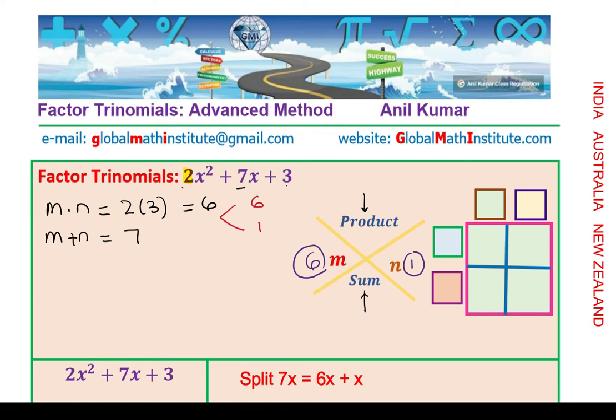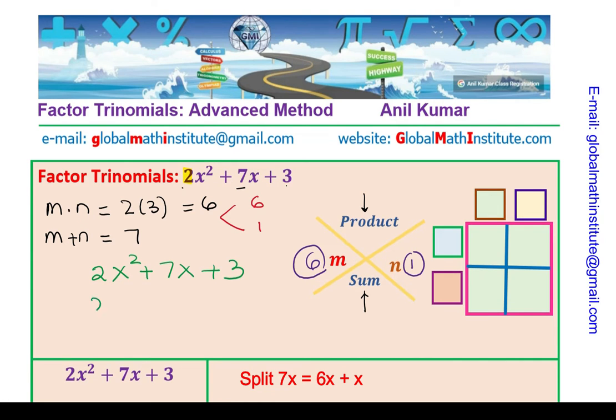So what you do really is that you write 2x squared plus 7x plus 3 in the form 2x squared plus 6x plus x, that is 7x, right, plus 3. So what we have done is that we have used this product and sum method to write down the center term 7x as a combination of 6x and x.